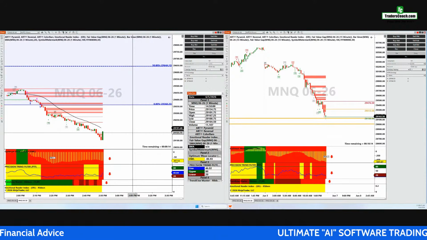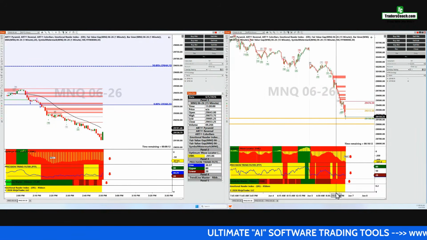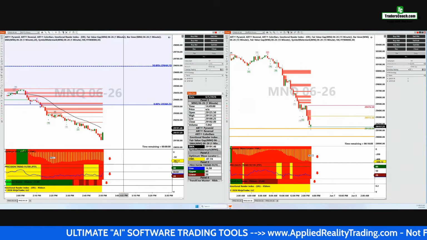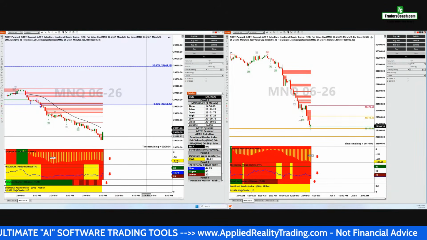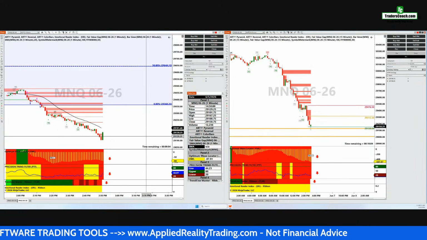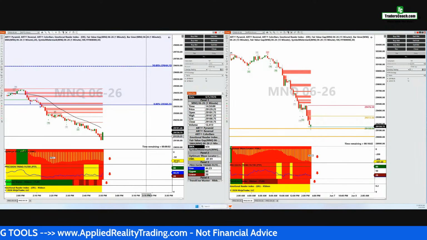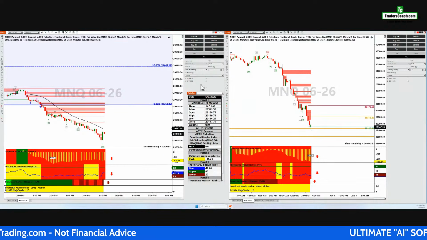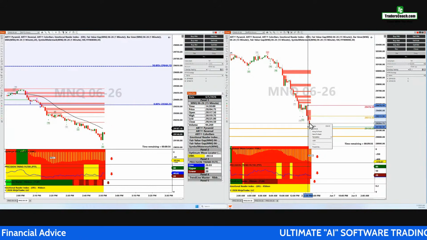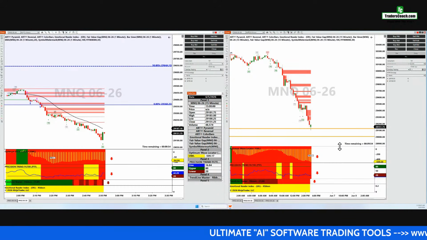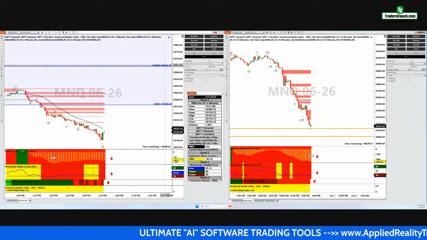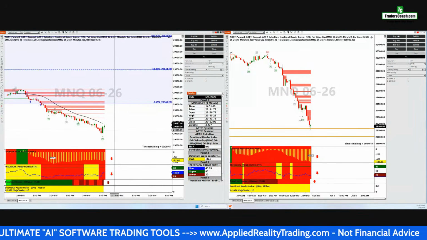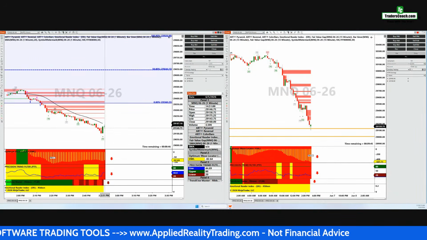All right, so now we are reversing off that area here. We got a red PTF and a red PTF. So that kind of means that any retracement here may be met with one more push down. Okay? So I'm going to get rid of the measured move here. And that's a fair value gap right here and an inversion here.